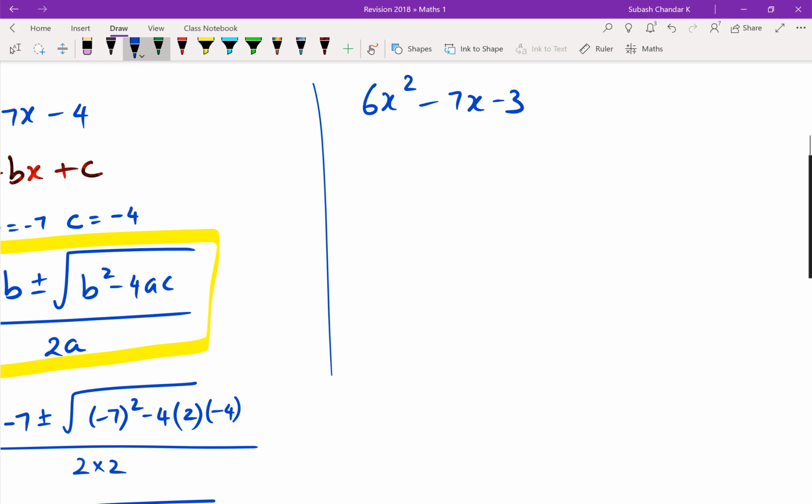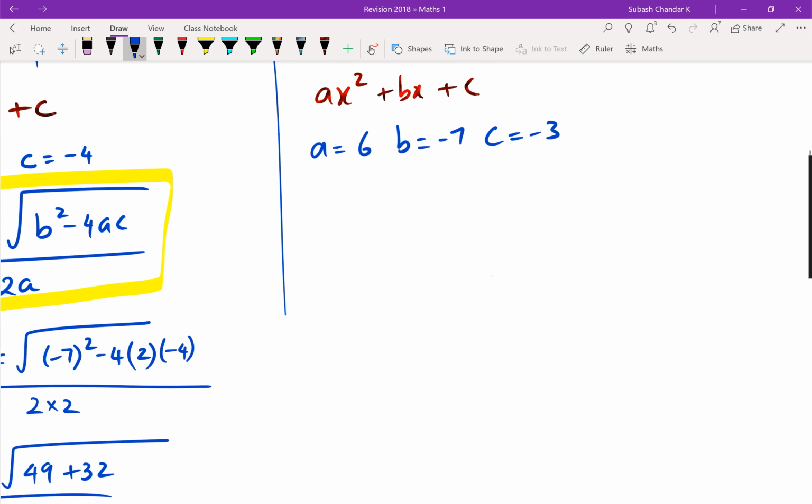So the first thing I want to do is write this as ax squared plus bx plus c. Then I've got a equals 6, b equals minus 7, c equals minus 3.